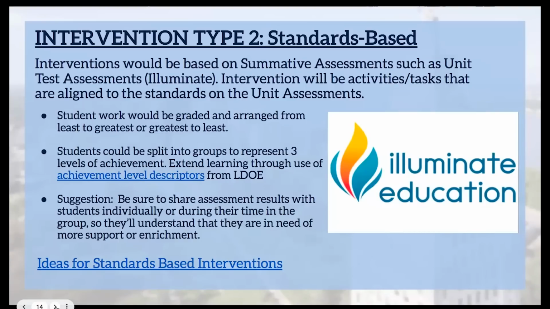Some people in the testing grades also like to use those achievement level descriptors, because it gives you an idea of proficiency on each of those standards and what it should look like. Again, you're going to share those assessment results with students so they can begin to think about, what are my strengths? What are some things I want to work on? And why I'm engaging in this specific activity to help me with that.